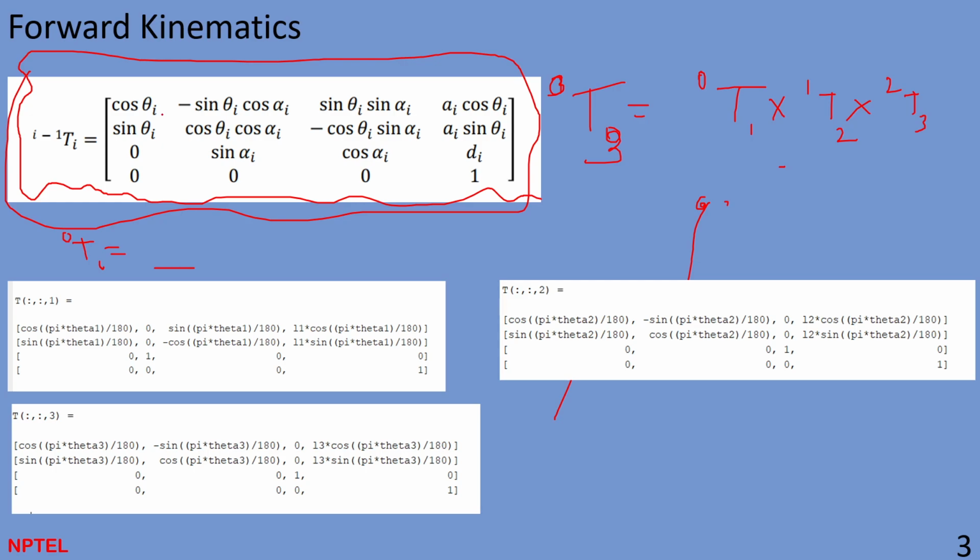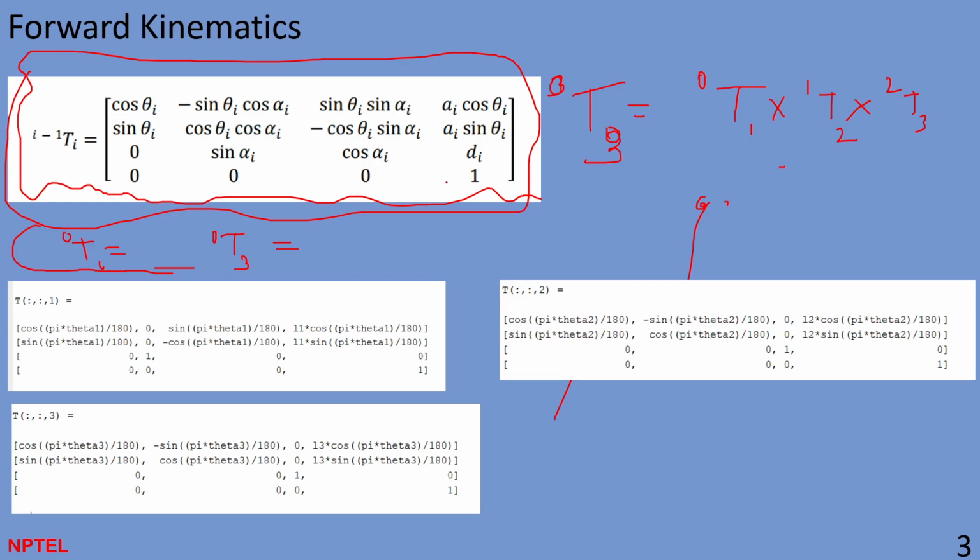You use the DH parameters and get a transformation matrix. But in our question, we need the last position, the tool position. For that, we need to know 0T3. So how to do that? You just need to pre-multiply.